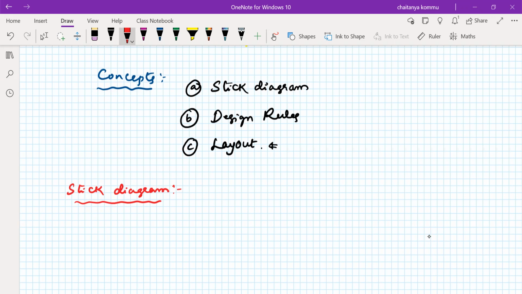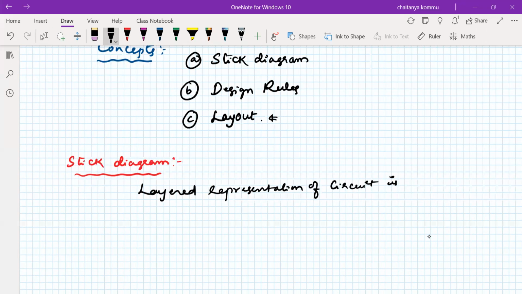The layered representation of a circuit is presented with color codes.